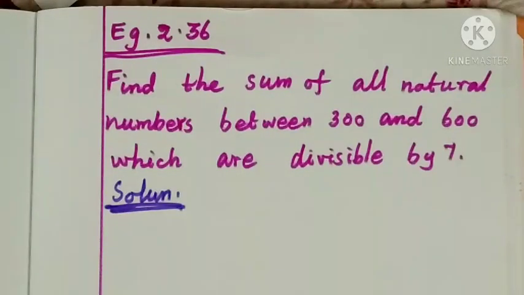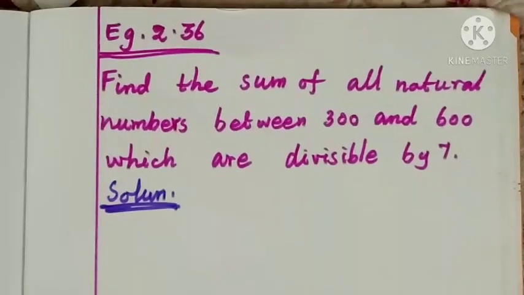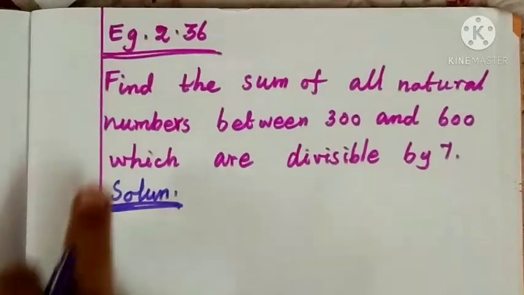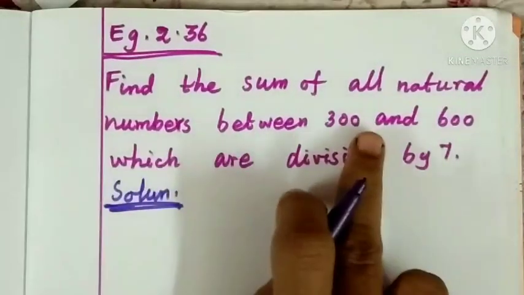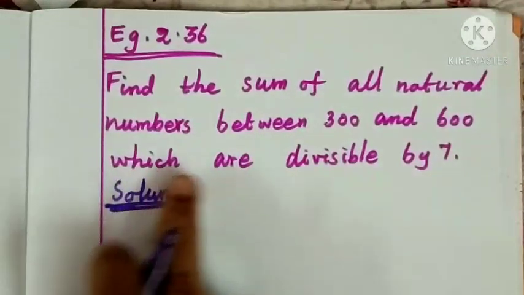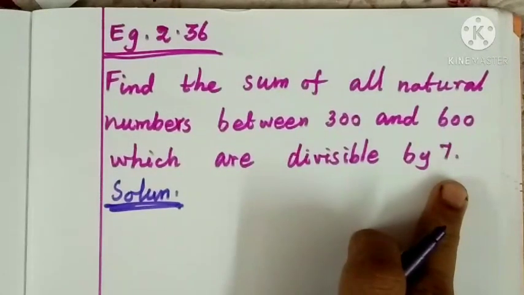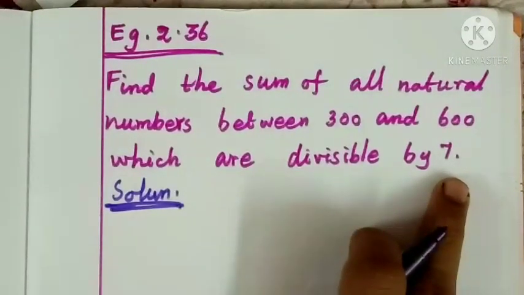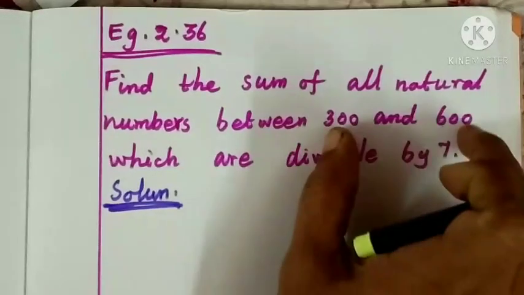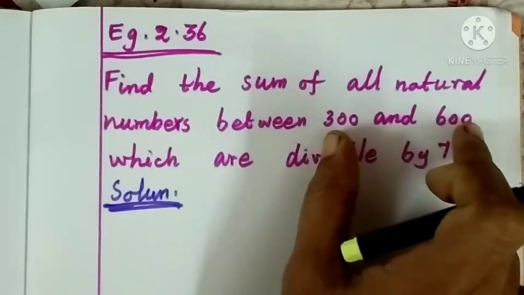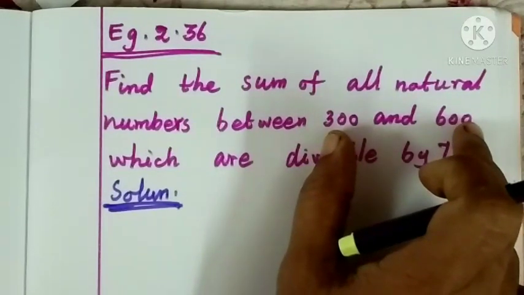Now we move on to the next example, 2.36. See the question. Find the sum of all natural numbers between 300 and 600 which are divisible by 7. In this question, you have to find the sum of all natural numbers between these numbers which are divisible by 7.